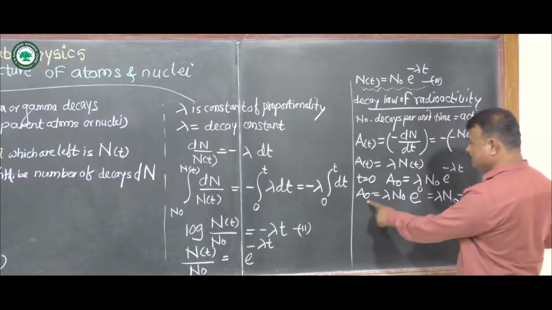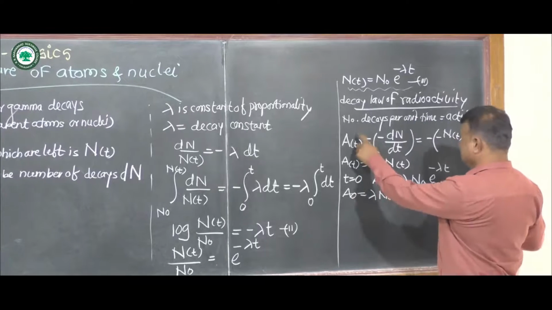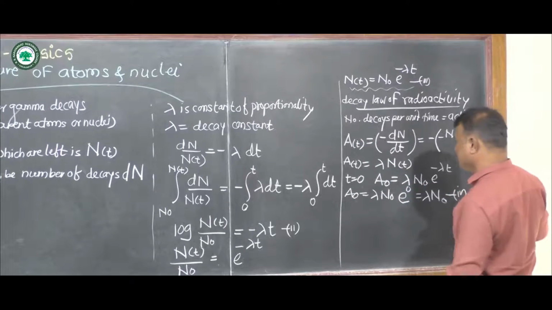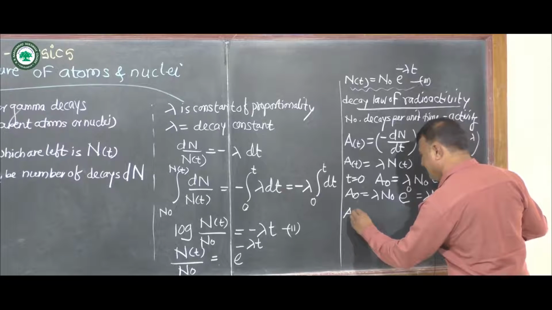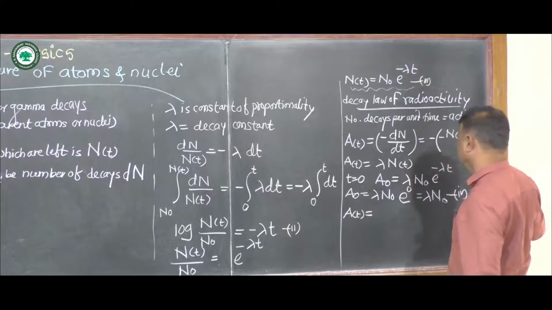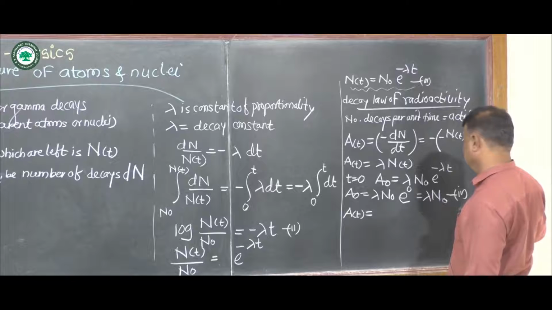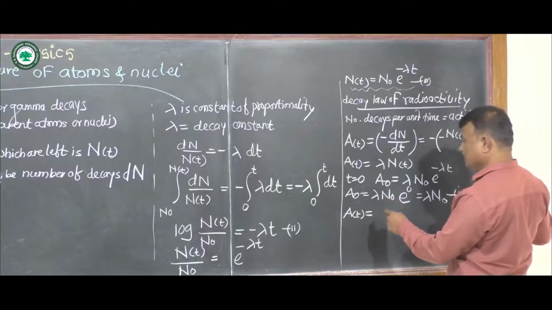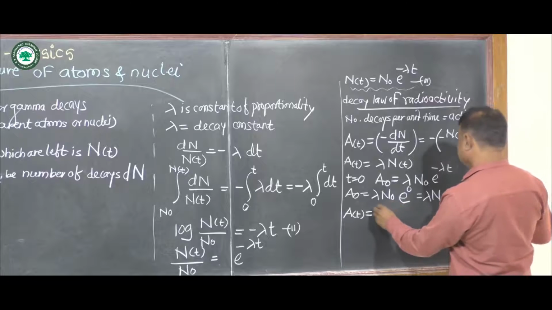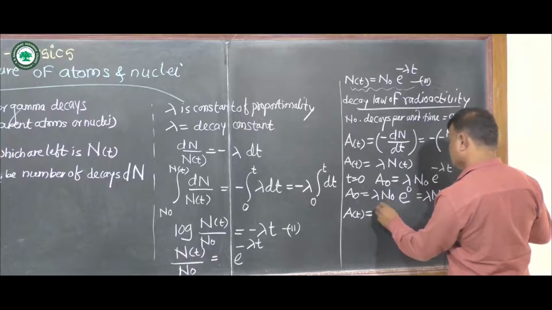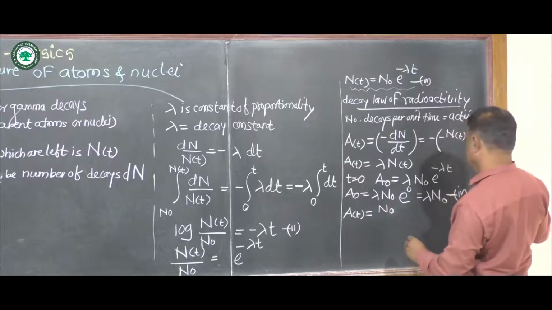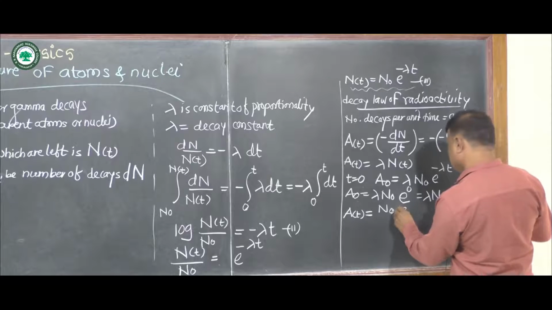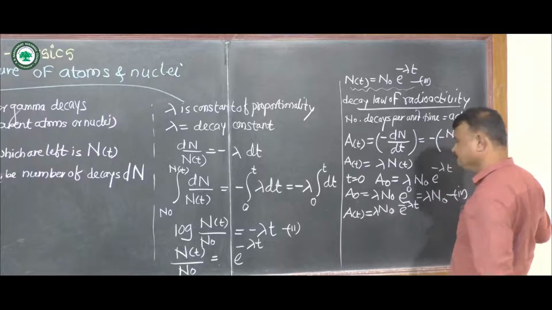Now we have to substitute this value of A0 in this equation. So we get activity at time t, At, is equal to Nt, meaning N0 into e raised to minus lambda into t, into this lambda.